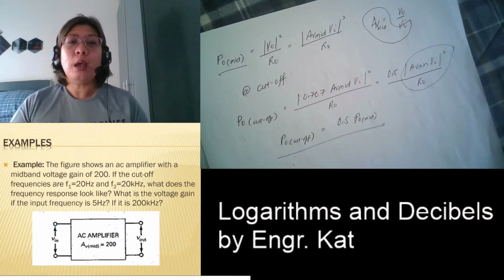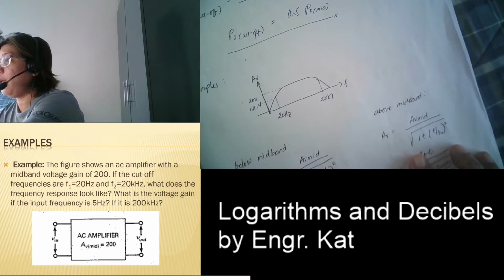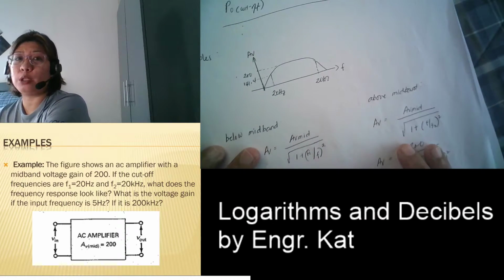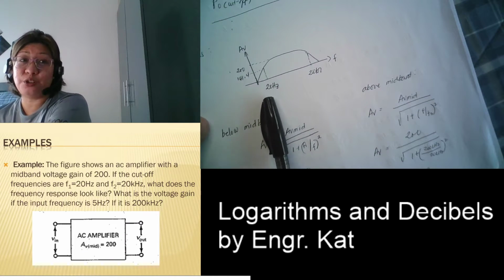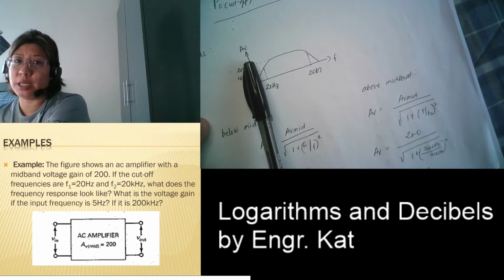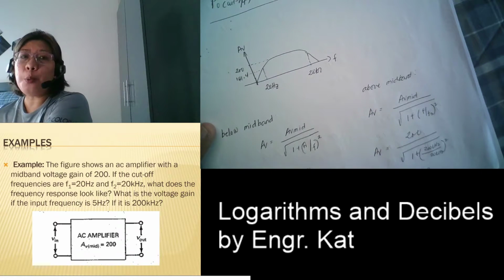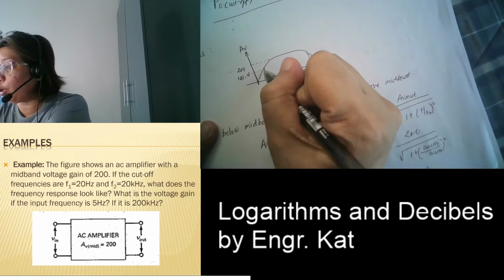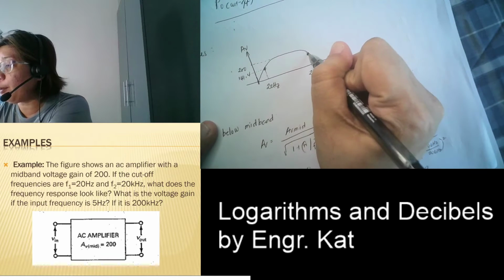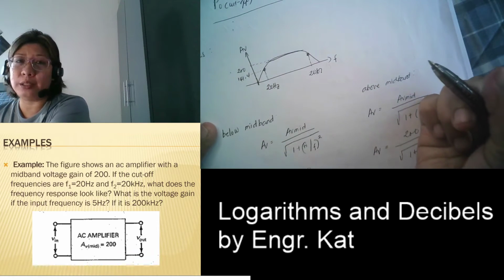So the frequency response will look like this. How do you draw the frequency response? As we mentioned earlier, your frequency response is the graph showing your voltage gain with respect to your frequency. Our voltage gain at mid-band, between your lower cutoff and your upper cutoff, is equivalent to 200.